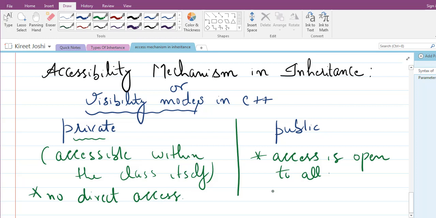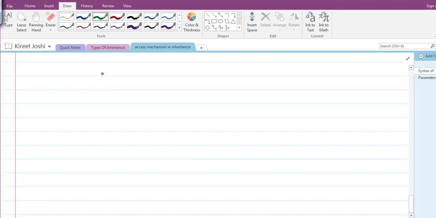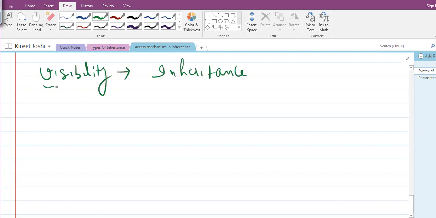But the actual definition of visibility is in context to inheritance. When we study the term visibility, we are focusing on inheritance. This visibility is correlated to inheritance.